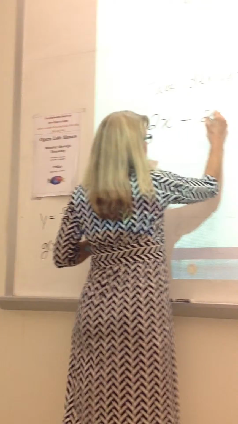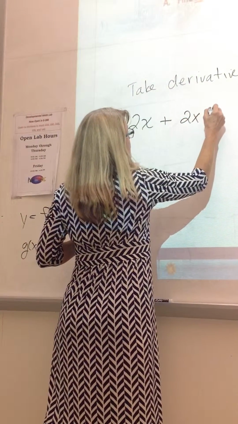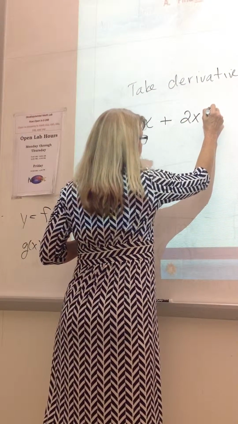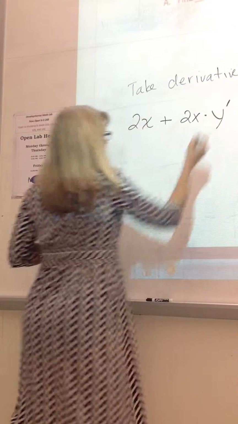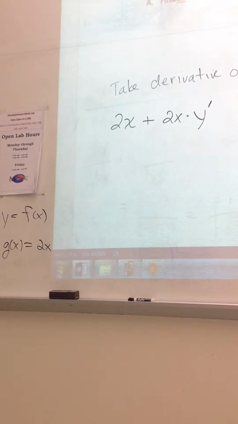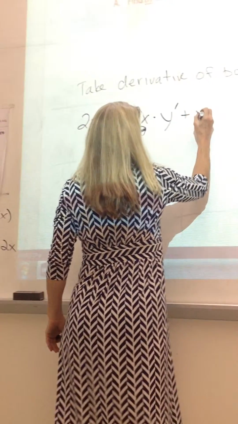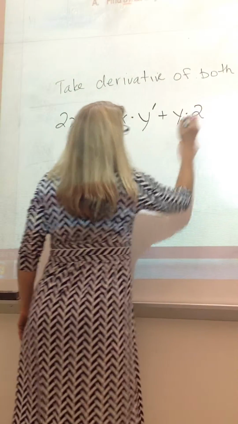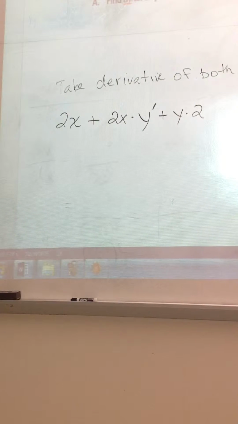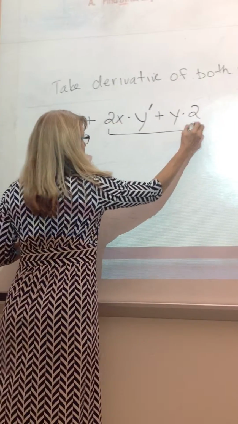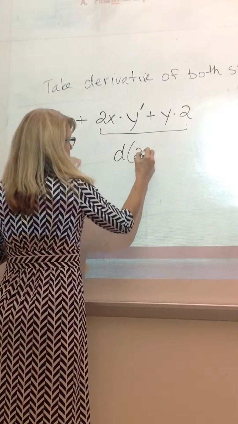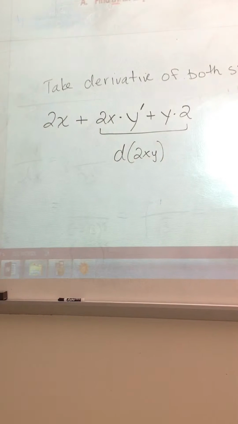So first times the derivative of the second, and you just denote it either with dy dx or with y prime, plus the second times the derivative of the first, and the derivative of 2x will be 2. Okay, so this whole thing is because we took the derivative of 2 times x times y.